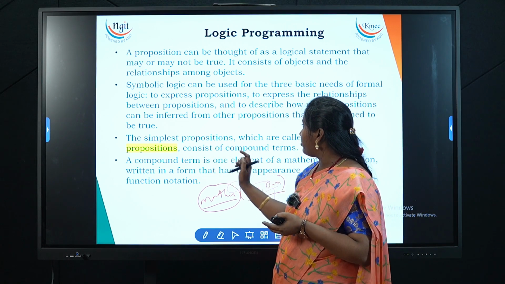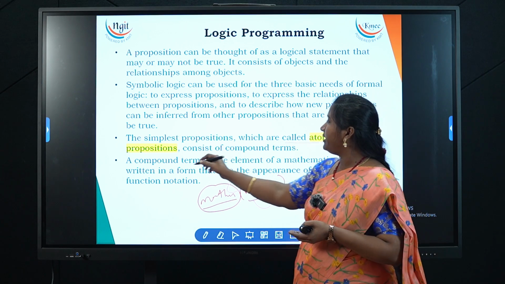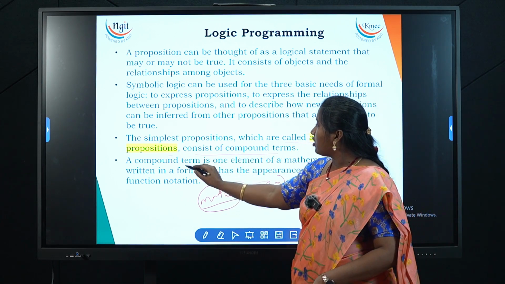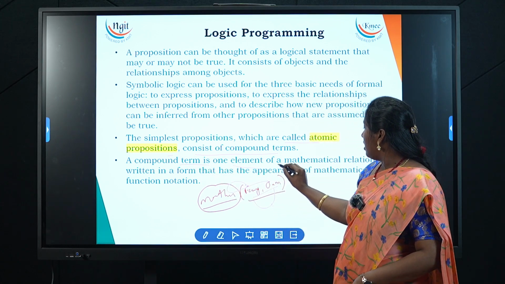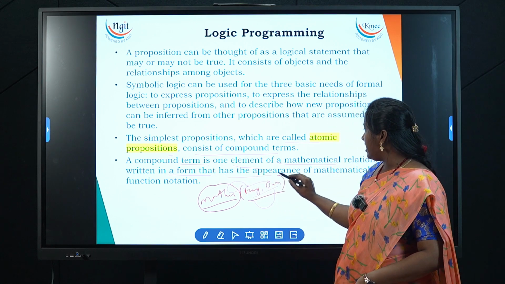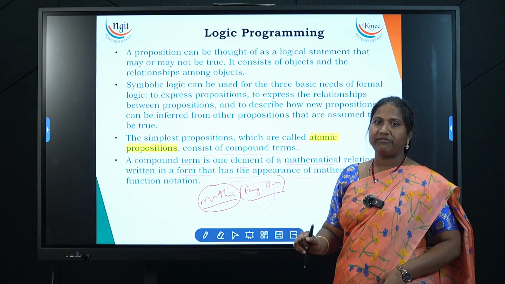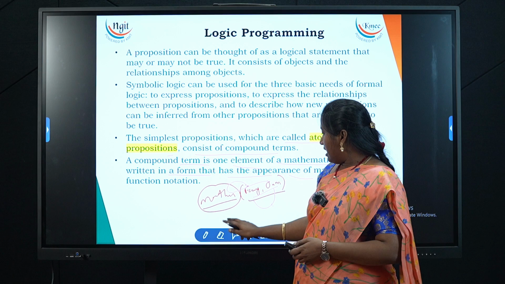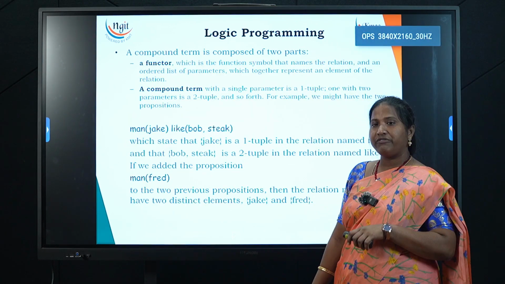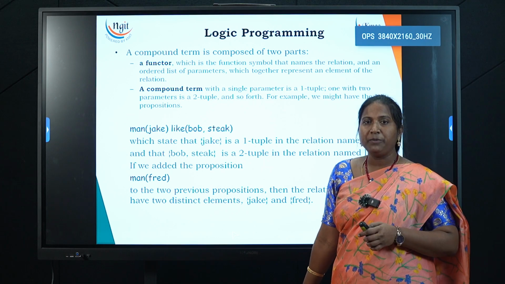The simplest propositions, which are called atomic propositions, consist of compound terms. A compound term is one element of a mathematical relation written in a form that has the appearance of mathematical function notation. Now we'll see about these mathematical notations that we use in logic programming.